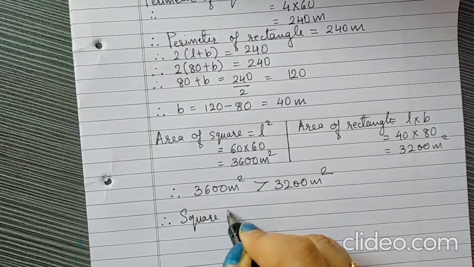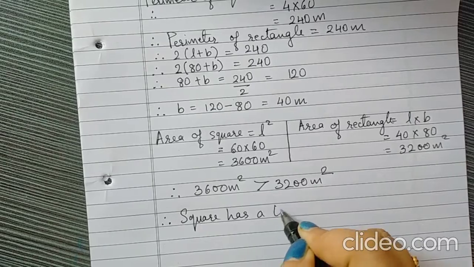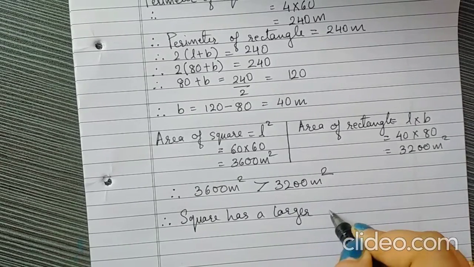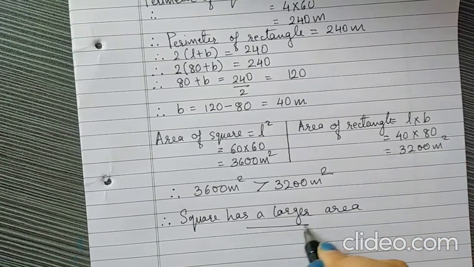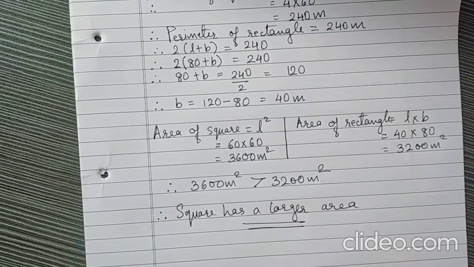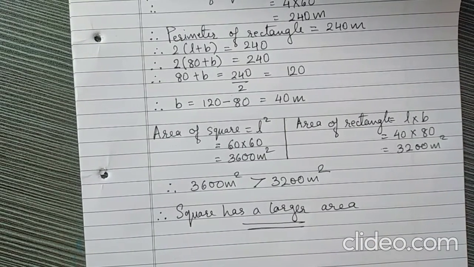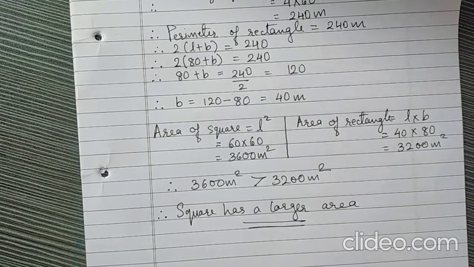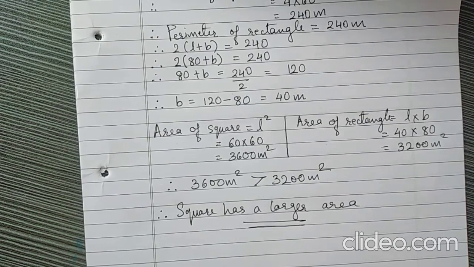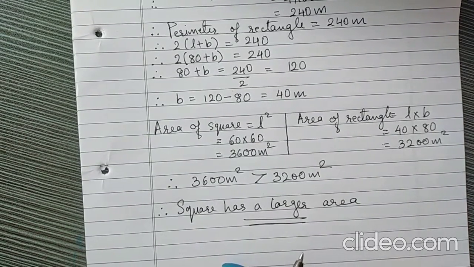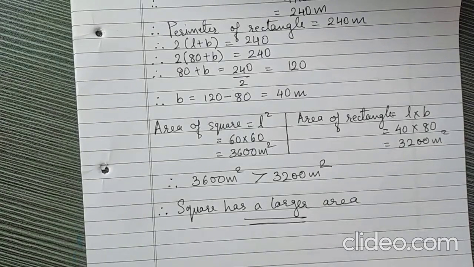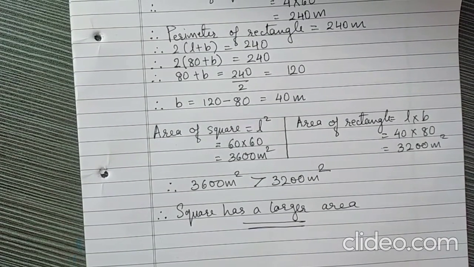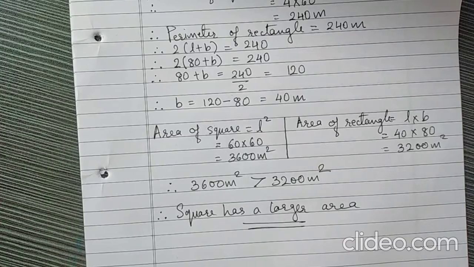Therefore the square has a larger area. This is how we will be using the formulas of perimeter and area of both square and rectangle. Hope you understood this sum.